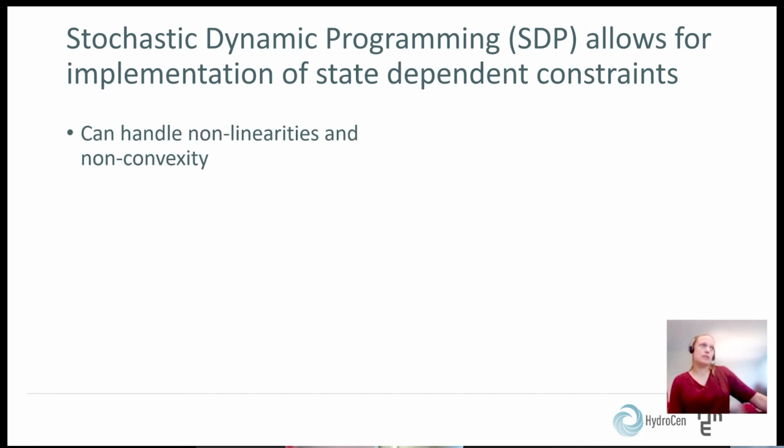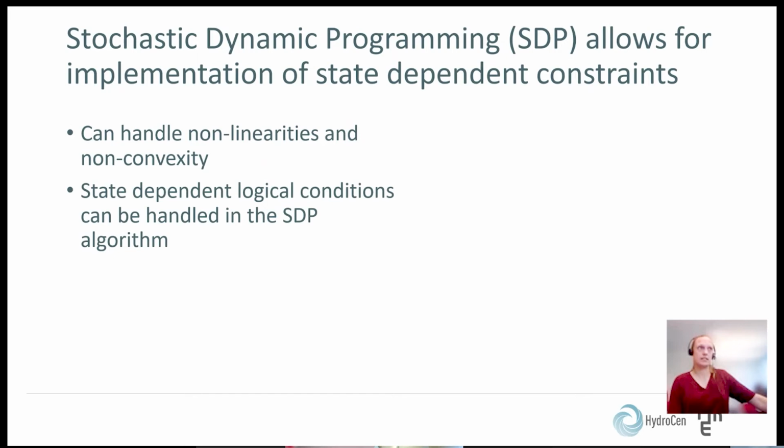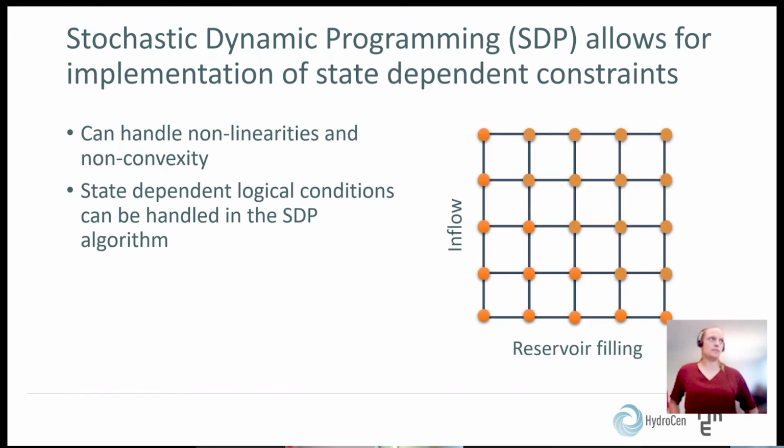And maybe one of the most important things is that it's easier to handle nonlinearities and non-convex behavior in this method. And also when we have state-dependent logical conditions, we can handle some of these in the algorithm instead of the optimization problem. And state-dependent logical conditions, what's that?